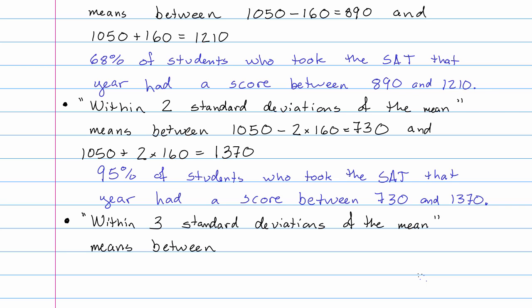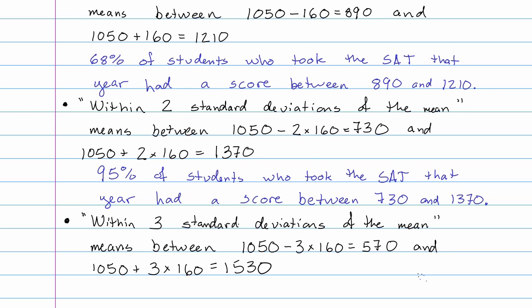To be within 3 standard deviations of the mean means to be between 1050 minus 3 times 160, which is 570, and 1050 plus 3 times 160, which is 1530.